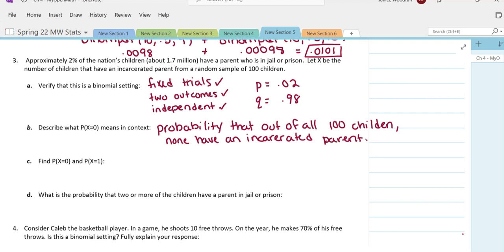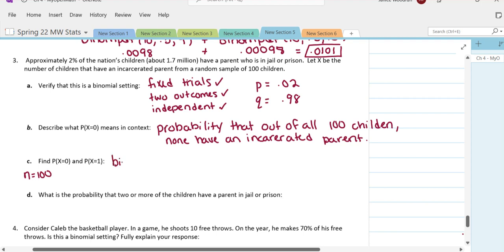Okay, so let's actually find those probabilities for 0 and 1. So for 0, N in this situation is just going to be 100. So I'm going to go binom PDF. You've got 100 trials.